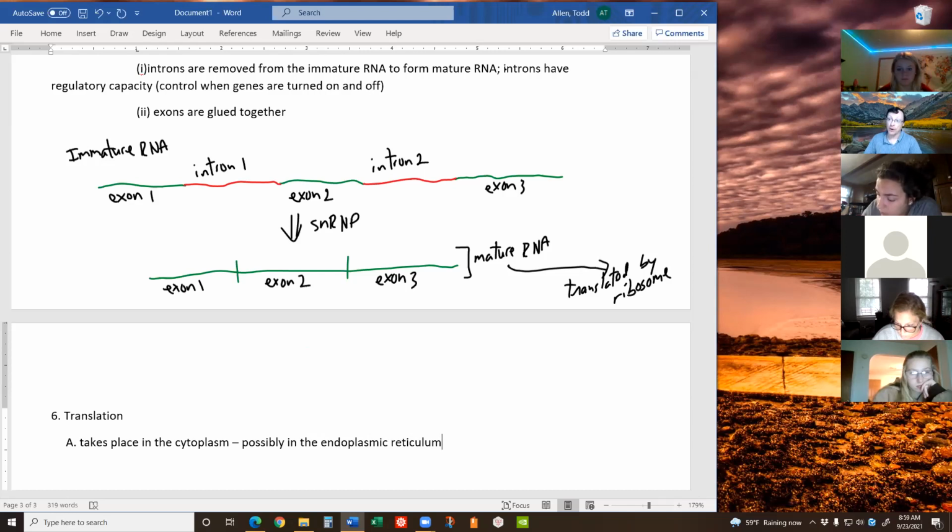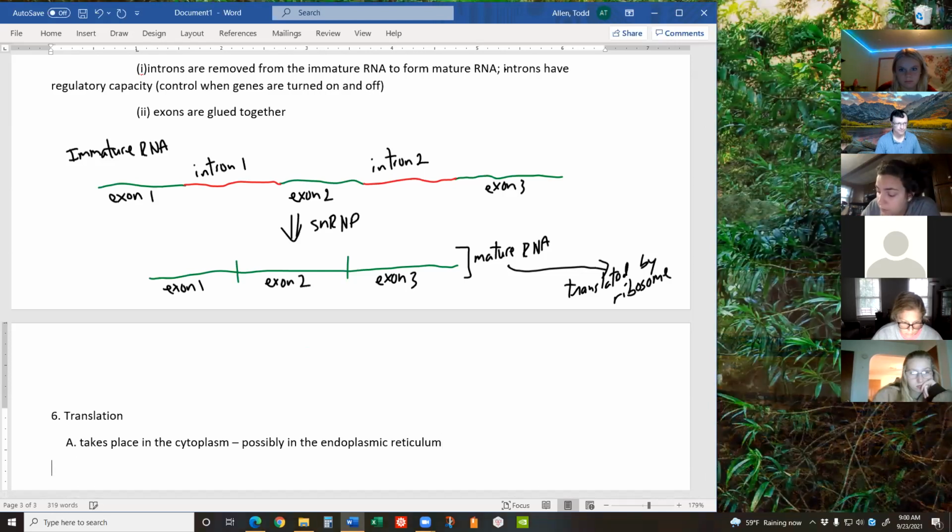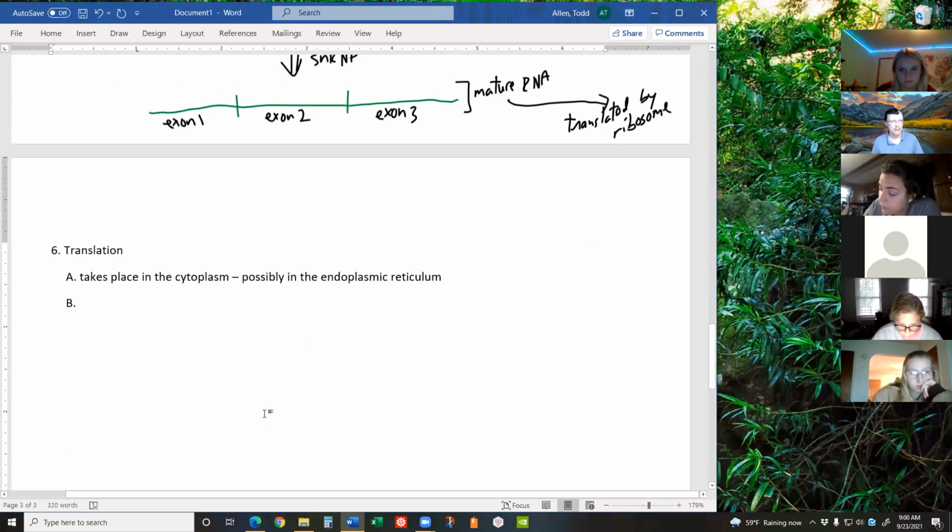There are, however, other ribosomes that are not attached to the endoplasmic reticulum, that are simply floating around like beach balls bobbing in the water of the cytoplasm, and sometimes they also translate. So however we think about this, translation is always taking place inside the cytoplasm in some capacity. Okay, so translation takes place in the cytoplasm.